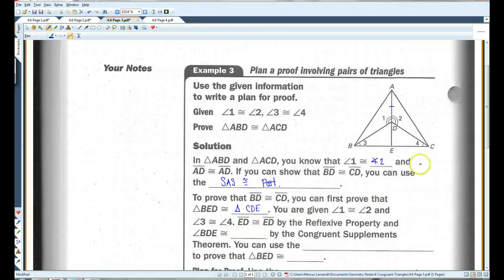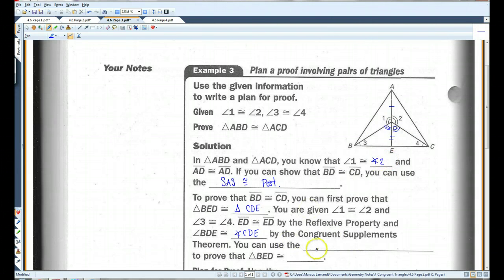ED is congruent to itself, reflexive property, and angle BDE is congruent to angle CDE. So basically, this angle has to be congruent to this angle because if these two angles are congruent and these angles are supplementary to congruent angles, the congruent supplements theorem says that these angles also have to be congruent.